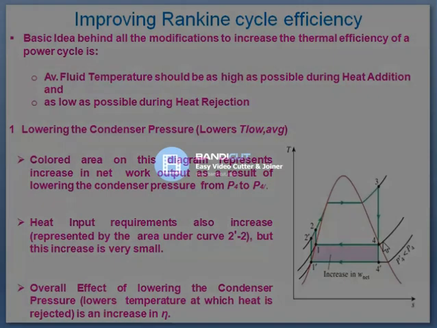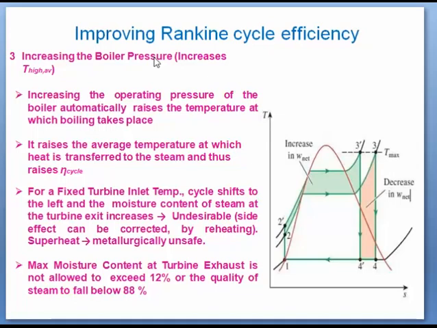Now the third option for increasing the cycle efficiency is to increase the boiler pressure, which means by increasing the boiler pressure, we are increasing the mean temperature of heat addition, which leads to an increase in cycle efficiency, which we had seen in our earlier discussion, that efficiency in terms of temperature is given as 1 minus T lowest upon T highest.